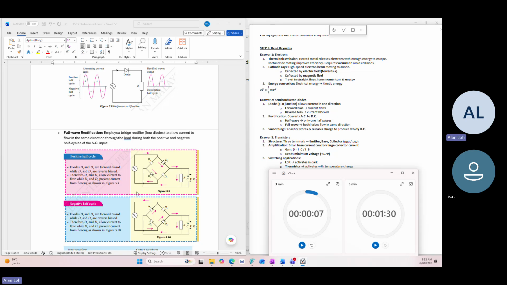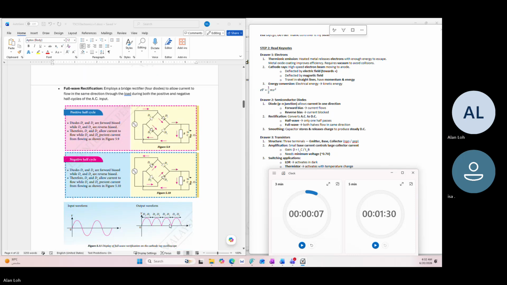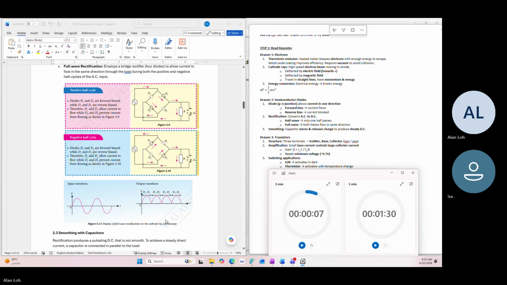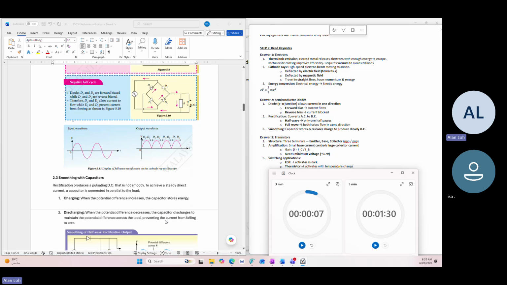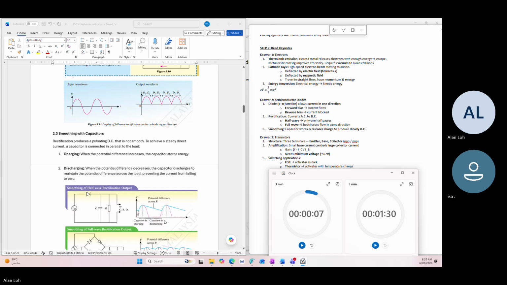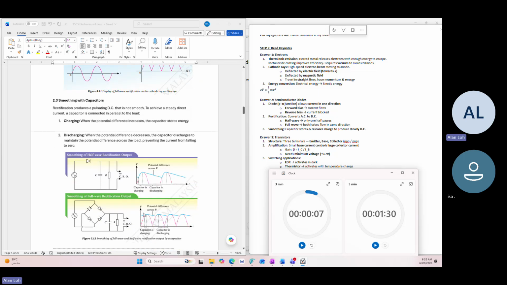So positive, then negative, then positive here as a clockwise. Then on the second second, positive here, negative here, then on the anti-clockwise, which is this one, right? Which is going to help you generate full wave. So now that is half wave and full wave. This is full wave. You see the dotted line.